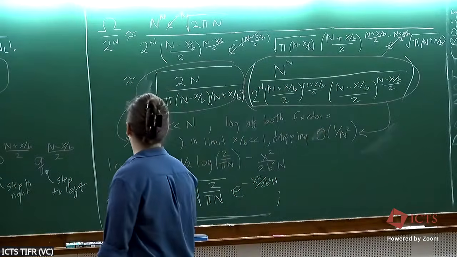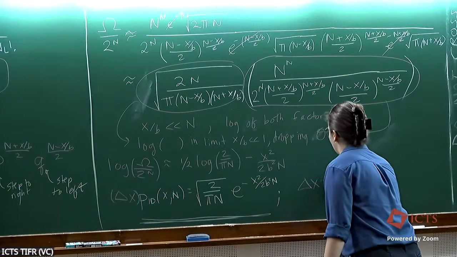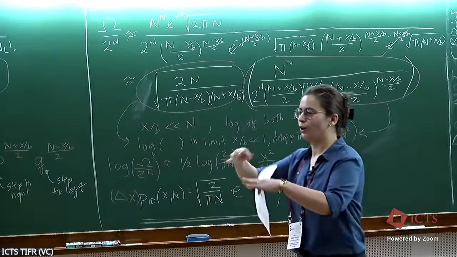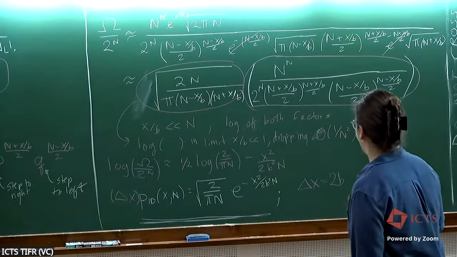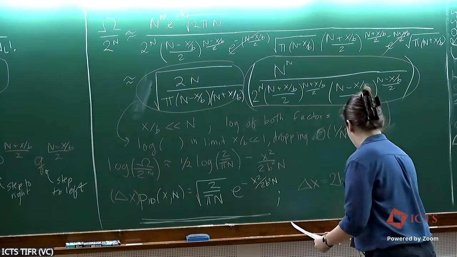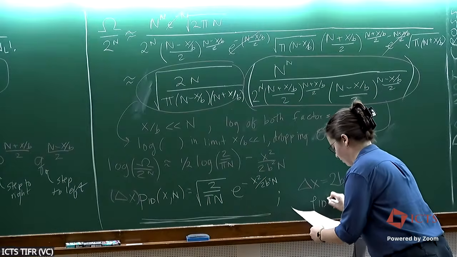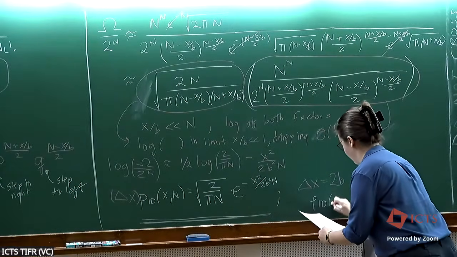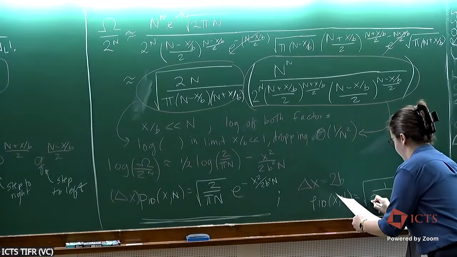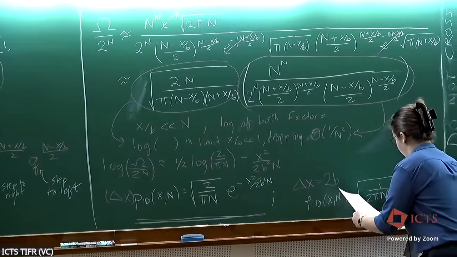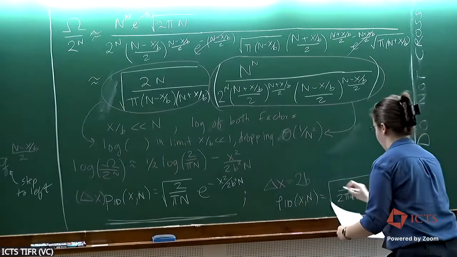And so this window is actually equal to 2b, because that is the coarse graining, the finest level of resolution that we can have in this system. And when we plug that in, we finally get our 1D normalized probability distribution, which is the square root of 1 over 2 pi n b squared e to the negative x squared over 2 n b squared.